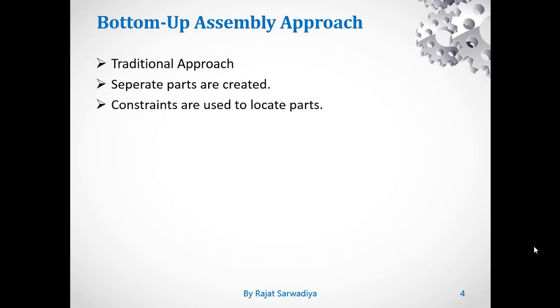Next approach, we have the bottom up approach. Bottom up approach is actually a traditional approach. Normally, what do you do for an assembly when you work in the industry or when you assemble something? You have separate parts available, you align those parts one by one and assemble them.